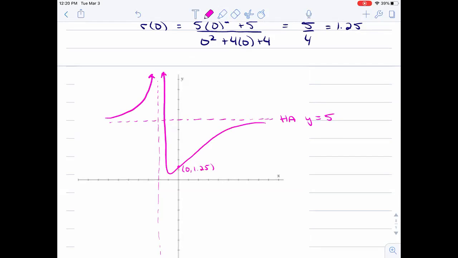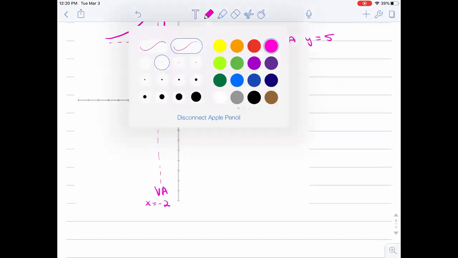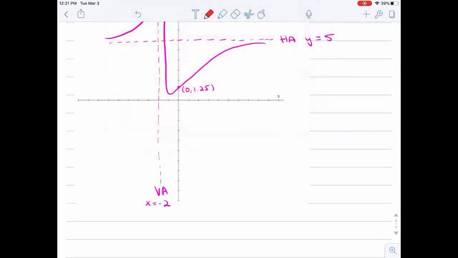It's allowed to cross the horizontal asymptote, but for us, I want you to just think of these round curves, right? Either flipped around. This is way too hard without Desmos.